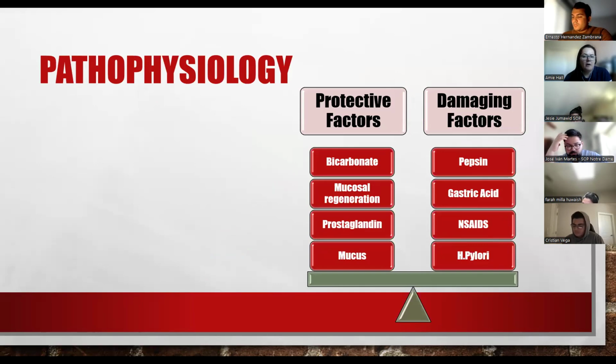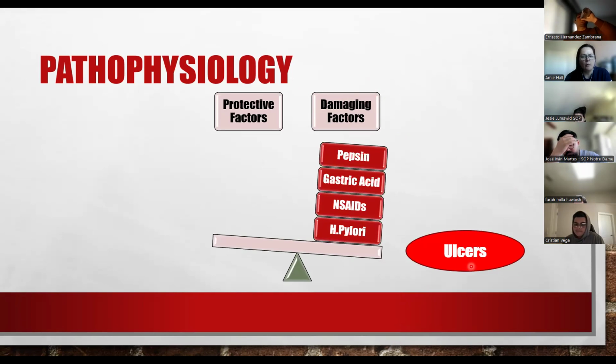So in the stomach, we have protective factors like bicarbonate, mucosal regeneration, prostaglandins, and mucus. Our protective factors are constantly up against our damaging factors like pepsin, gastric acid, NSAIDs, H. pylori. And when our protective factors get overwhelmed by our damaging factors, that's when we get ulcers.